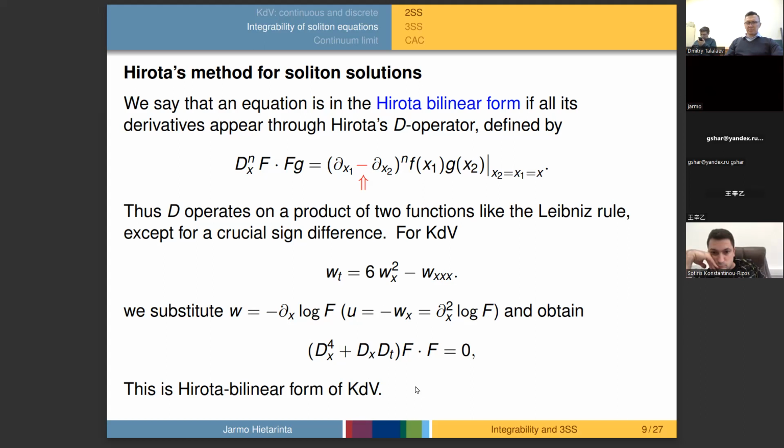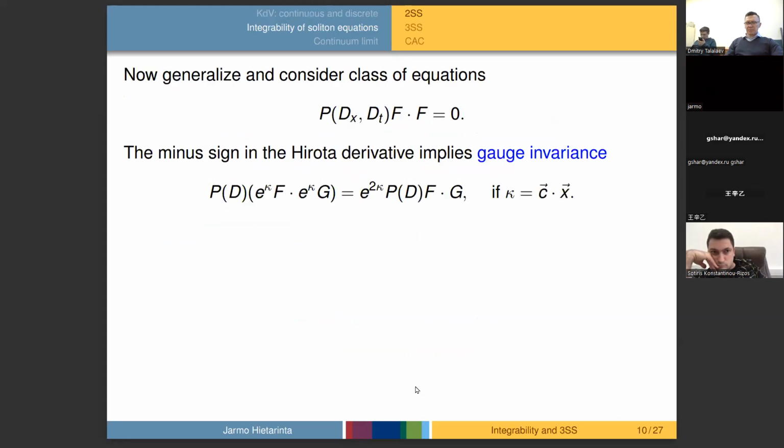This is just some computations. Now, again, let's generalize. We don't want to stick to the KdV, but let's see how general we can be. So let me take P to be any polynomial, and then we'll see what follows for this kind of general case.